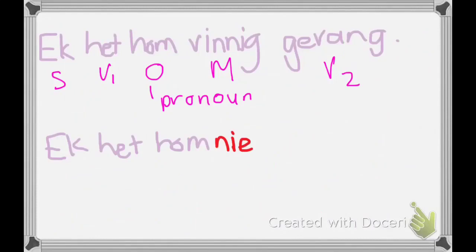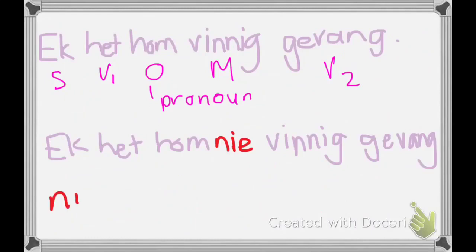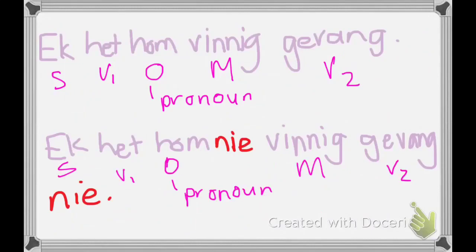Then we put the nie in, and then we move on to the manner, vinnig, and then verb 2, gevang, and then finally the last nie at the end of the sentence, because this is a longer sentence and it's not a pirate sentence anymore. Okay, so that's just quite simple then. And there's everything in the right order with all the nies in the right place.